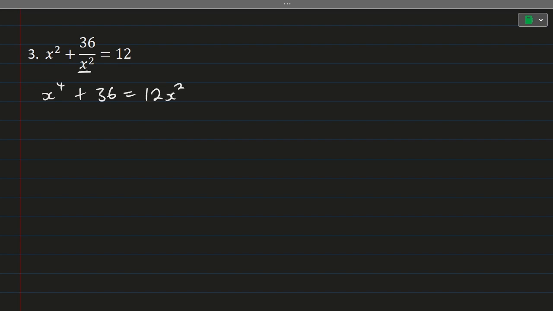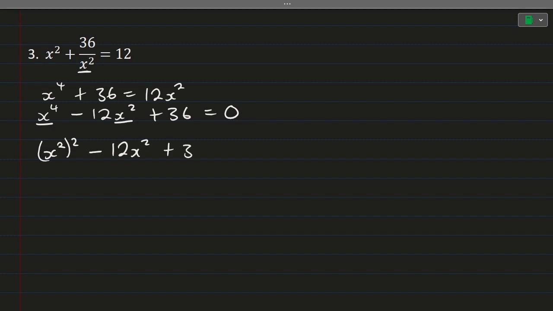Now let's put all the terms on one side. So it's x to the power 4 minus 12x squared plus 36 is equal to 0. Now let's rewrite x to the power 4 in terms of x squared. So that's x squared squared. 2 times 2 is 4, minus 12x squared plus 36 is equal to 0.